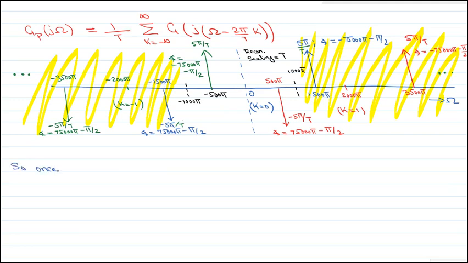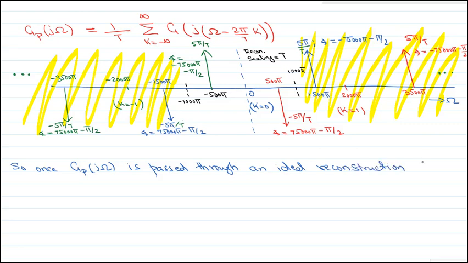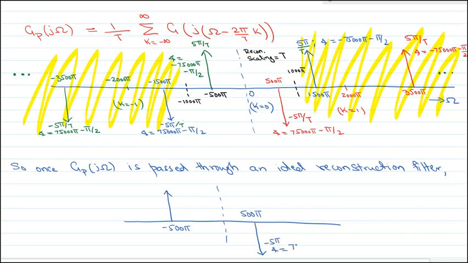So once G p of j omega is passed through the reconstruction filter, what we get is that the output is simply going to be, we will have an impulse over here and an impulse at minus 500 pi, at 500 pi, and the magnitude will be minus 5 pi and phase will be 75,000 pi minus pi by 2.